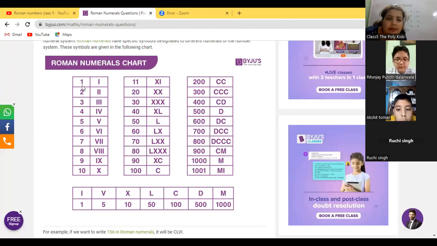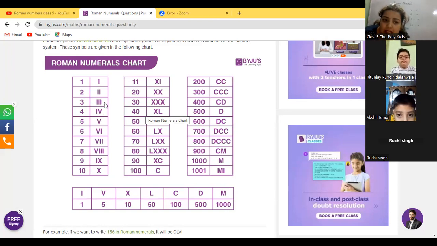So this is 1 I, 2 II, 3 III. Then 4 IV, 5 is V. What is the first rule? Whenever we write Roman numerals, we will not write any symbol more than 3 times.